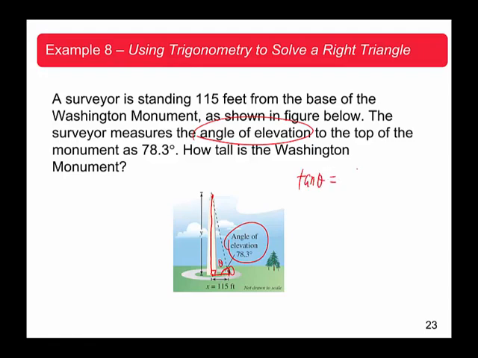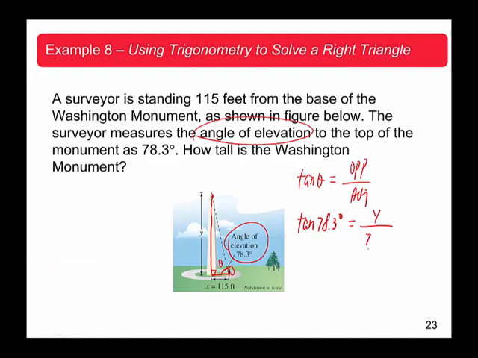Tangent theta equals opposite side over adjacent side. Relating the given information and the missing information, tangent theta is tangent 78.3 degrees, the opposite side is y, and the adjacent side is 115 feet.